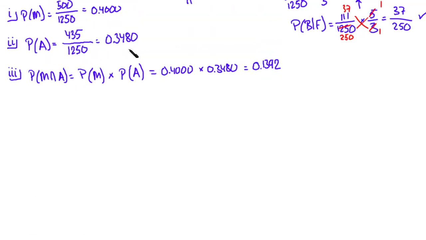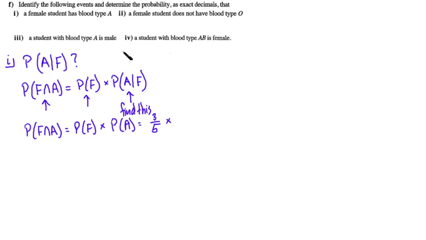Or we can use the decimal form too, 0.3480. So we can use the decimal form because they want the answer as decimals, right? So if we multiply these two numbers, we're going to get 0.2088. So that's the probability of a student being female and having blood type A.